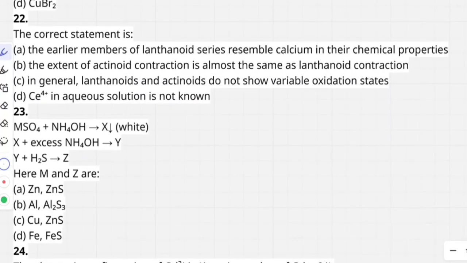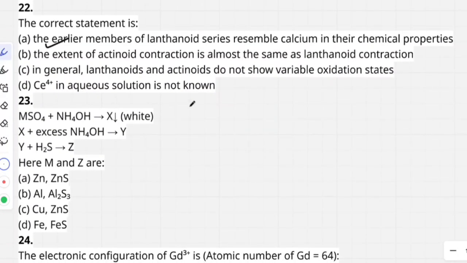The correct statement is that the earliest member of the lanthanide series resembles calcium in its chemical properties. So option A is correct. The extent of actinide contraction is almost the same? No, the actinide contraction is more compared to lanthanide, so this is an incorrect statement.